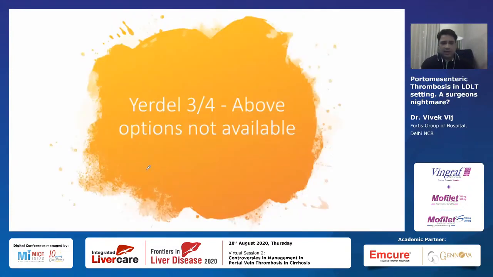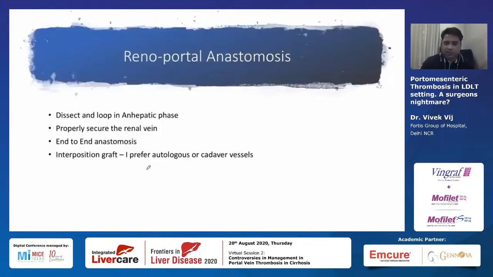Sometimes in Yerdel grade 3 and 4, the above options are not available. Everybody knows collaterals are not there, and in those cases you actually have to resort to non-physiological anastomosis, which is either renoportal anastomosis or hemiportocaval transposition. Now in renoportal anastomosis, certain surgical tips would be: dissect and loop in the anhepatic phase.